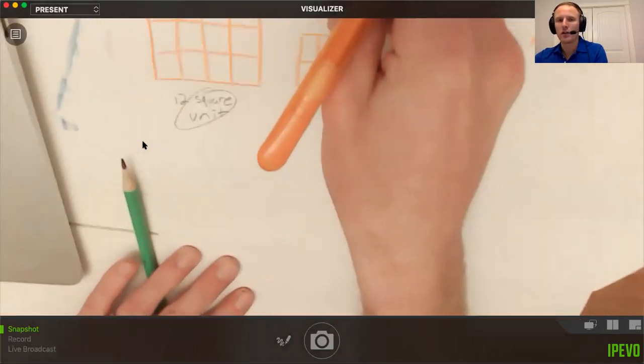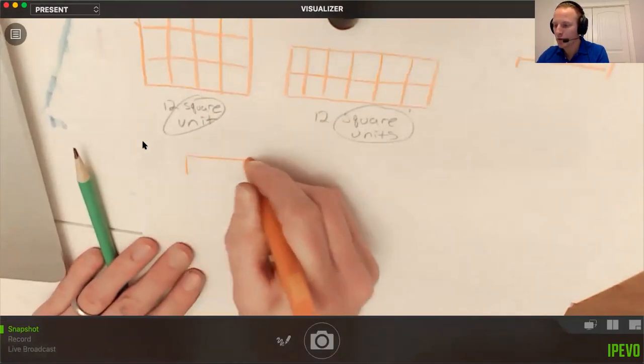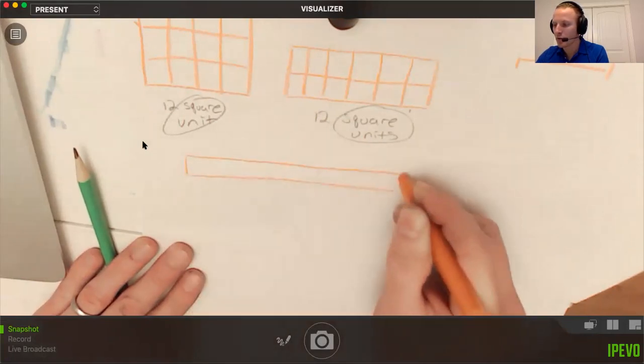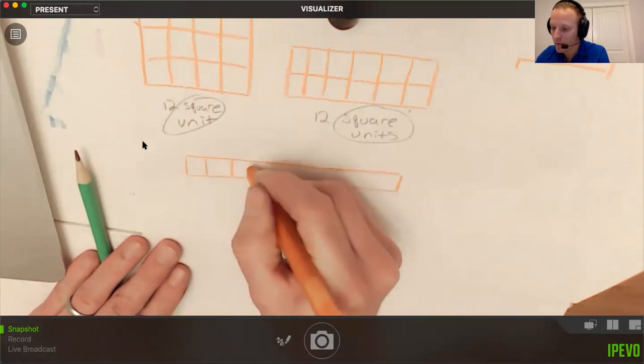I could do another example here. I've done 12 two different ways, but how about this one? This is really going to test my drawing abilities here. 1, 2, 3.